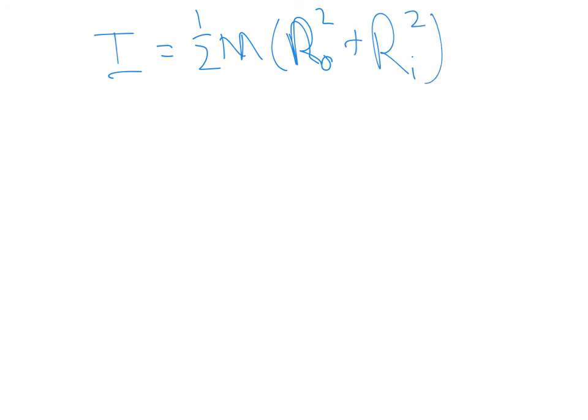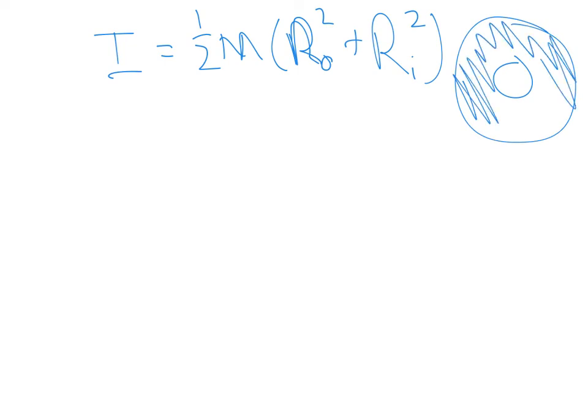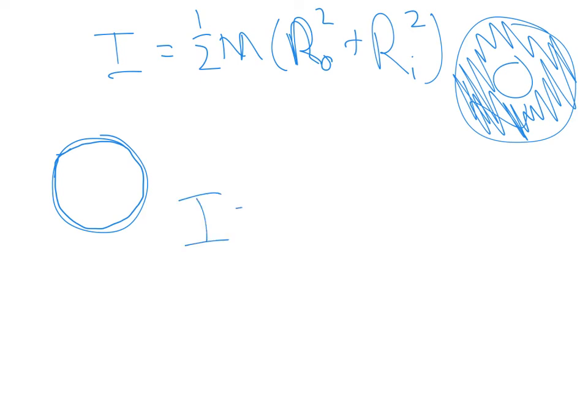And this was for something that looked like this, right? Your donut. And if you compare it to when you have a ring, or the hoop, the idea is the thickness of the hoop is irrelevant compared to the radius of the hoop, and so all the mass is pushed to the outside, and that moment of inertia is 1/2 m, or no, what am I doing? It's not 1/2. It is just straight up m r squared.